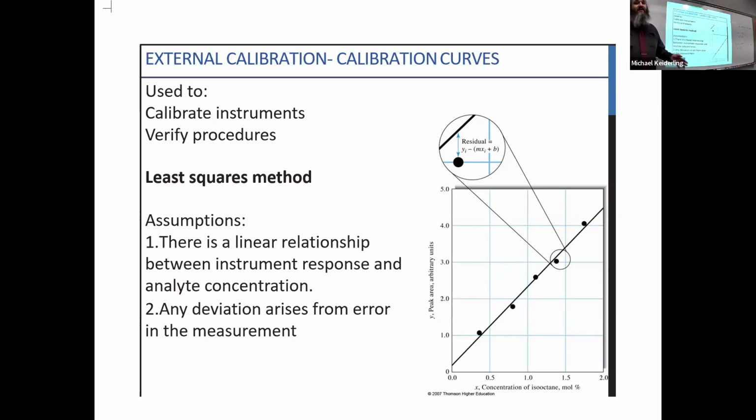So you measure several different concentrations, assume the response is linear, and fit it. We're going to be doing simple versions of this in some of our experiments, but we'll have a known concentration, and we'll be able to compare to that known concentration.